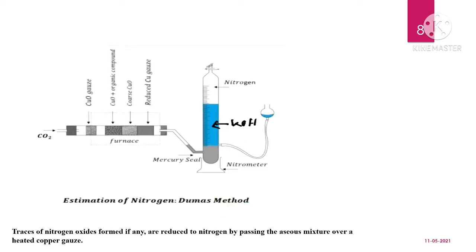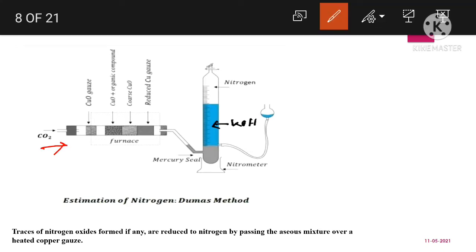Now coming to this diagram where the overall process will be understood. This is a tube where carbon dioxide will go, there is a furnace, and here you have put the copper oxide with your organic compound. The organic compound reacts with copper oxide in the atmosphere of carbon dioxide and produces water, free nitrogen gas as well as carbon dioxide.